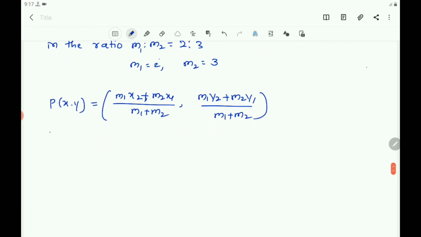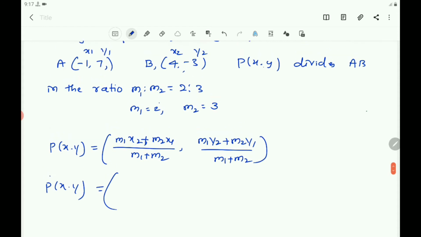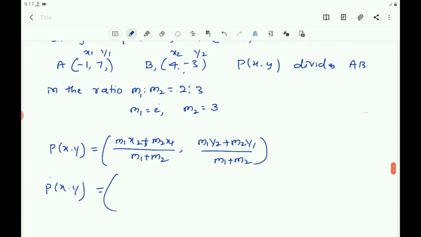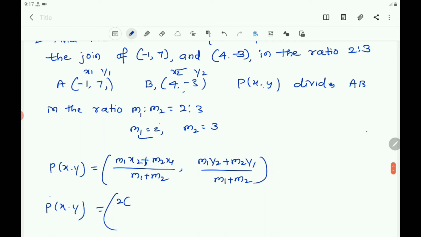Now P of xy equals, let us write the values of m1, m2, x1, x2, y1, y2. m1 is 2 into x2, x2 is 4, 2 into 4 plus m2 is 3, x1 is -1 by m1 plus m2, that is 2 plus 3.